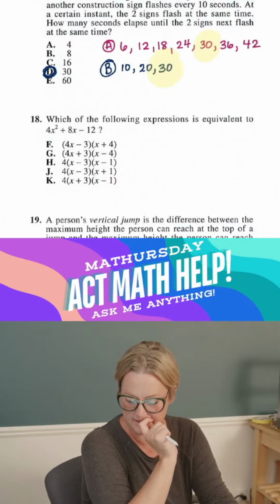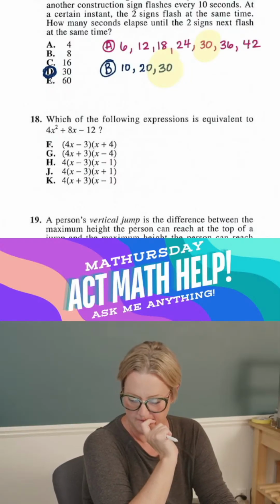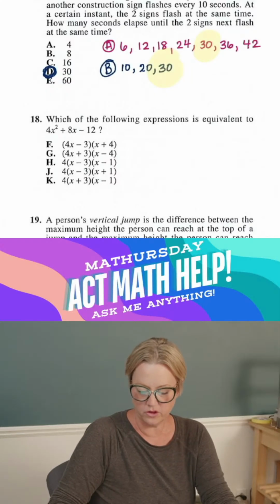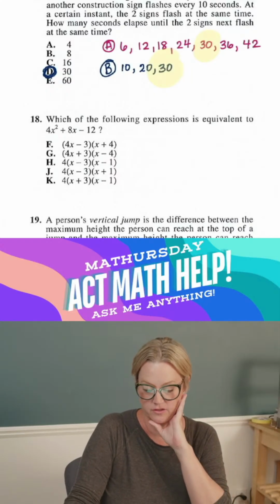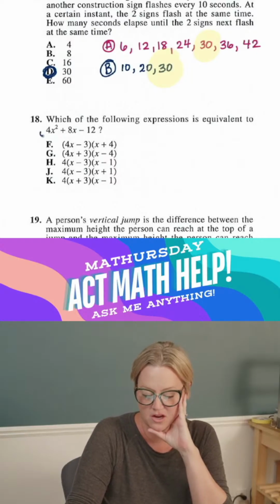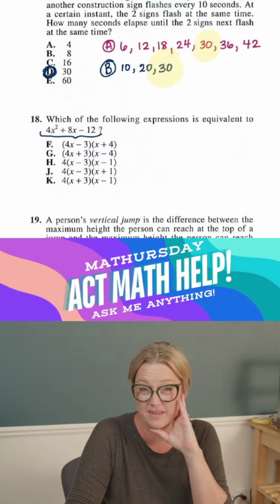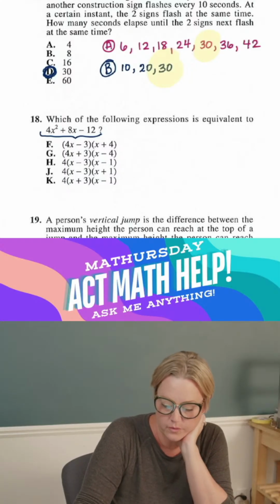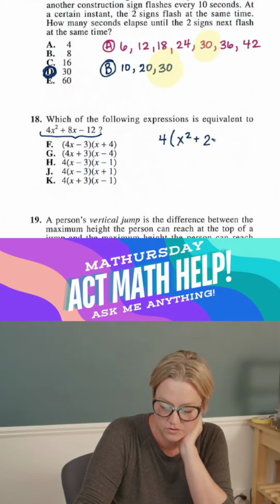Okay, we got H's and K's. All right, so we're looking at this one and we're going to be factoring. The first thing we do when we factor is look for the greatest common factor. All of these numbers are divisible by 4, so we take out 4 and we're left with x squared plus 2x minus 3.